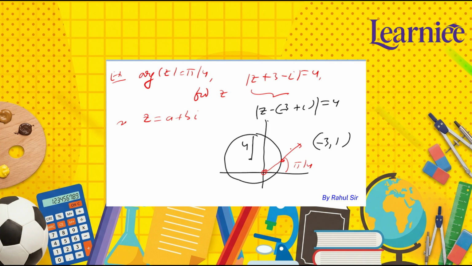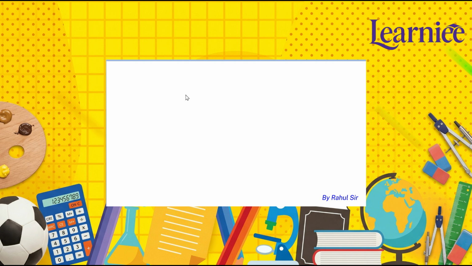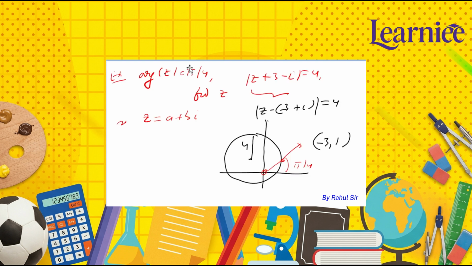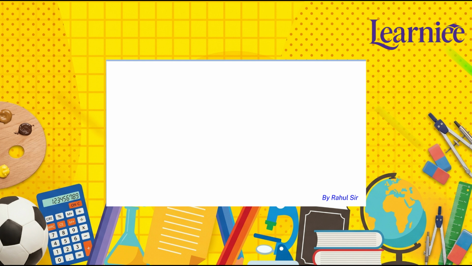So we have to find the intersection of the circle and the line. By the way, I have not drawn it clearly. If we draw clearly, we can easily get the answer. So let's do it in a proper manner.